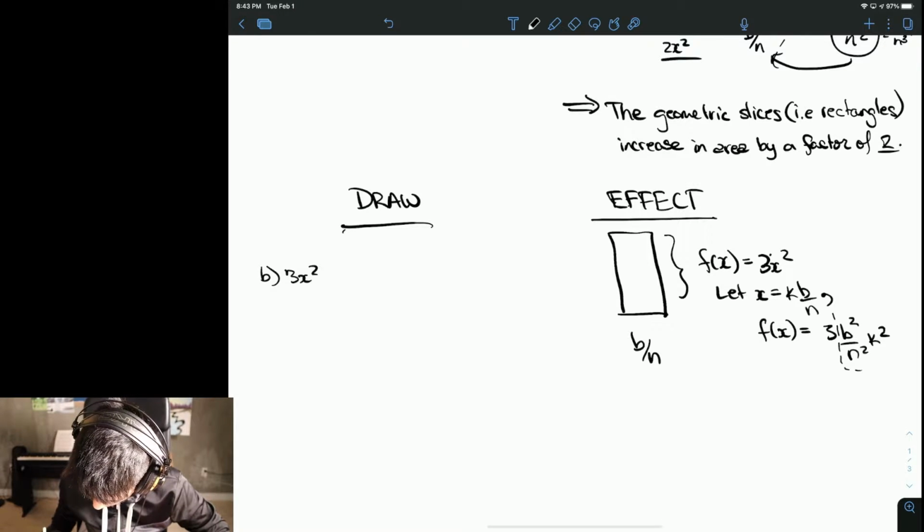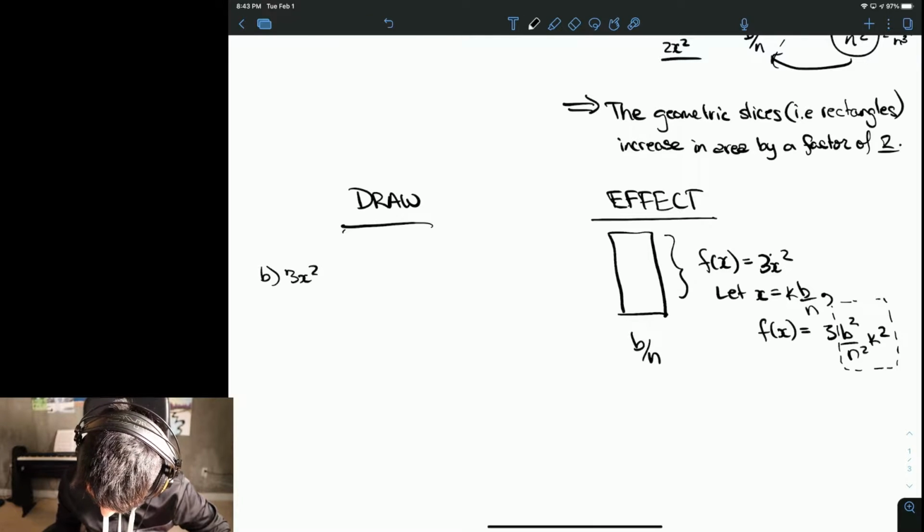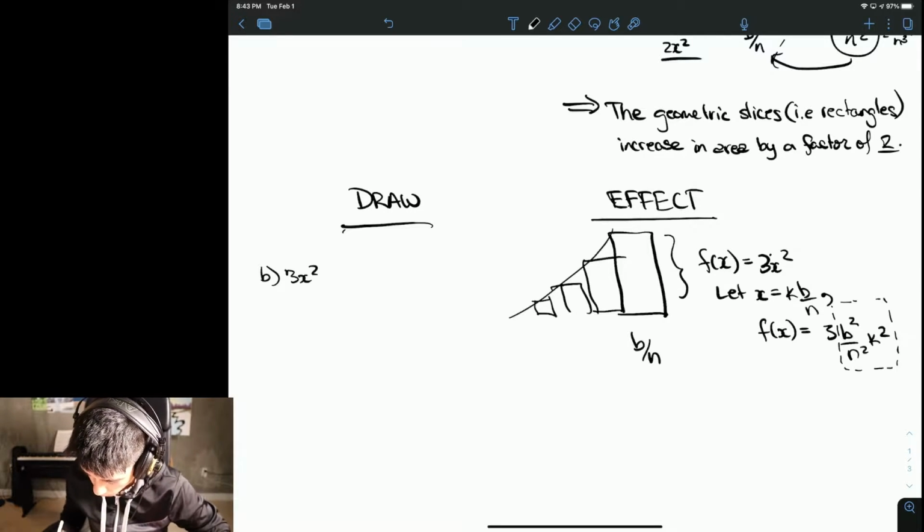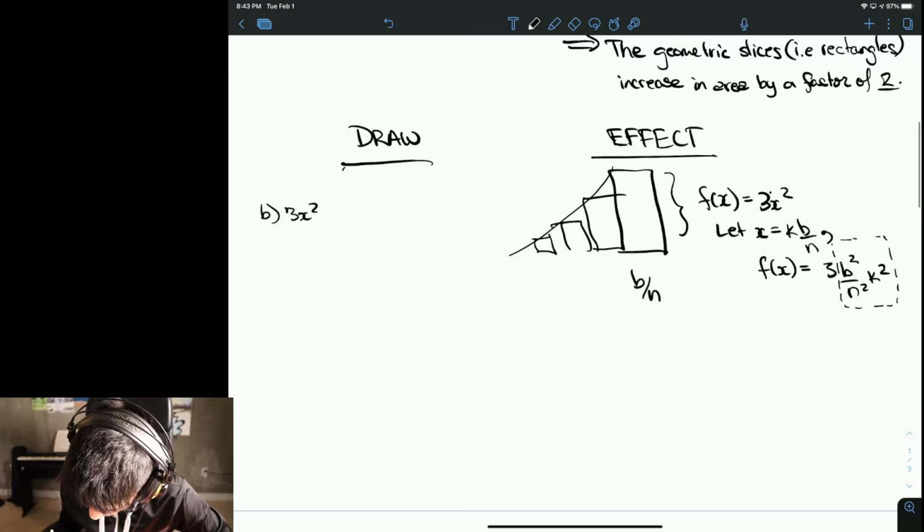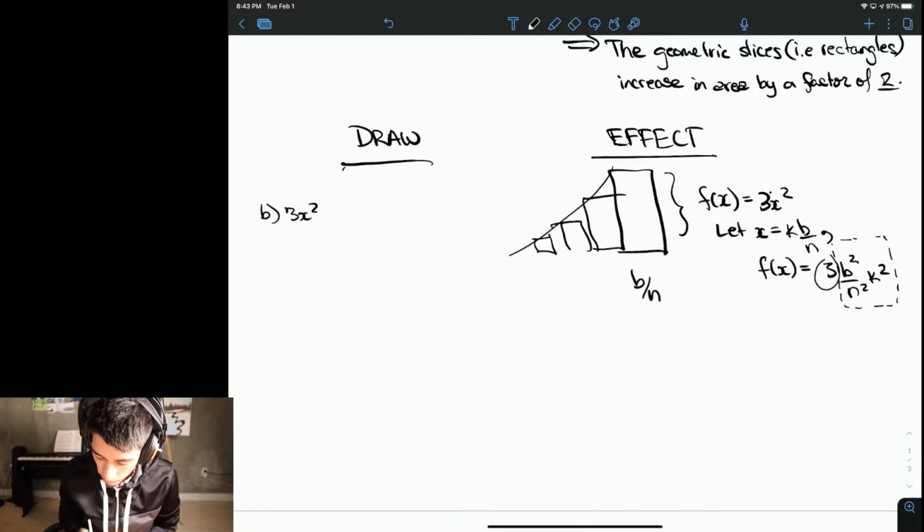And this part is all the same as before. So adding up the series of rectangles that approximate the parabola means that we're just going to scale everything by a factor of 3.